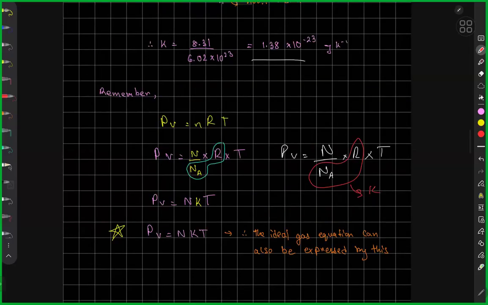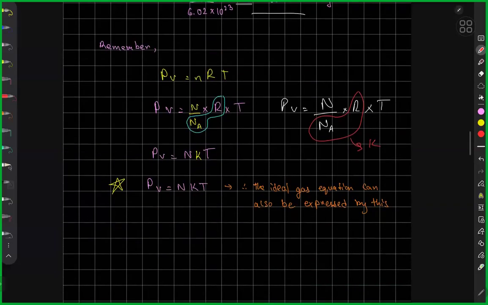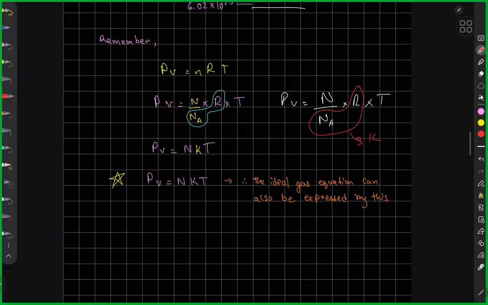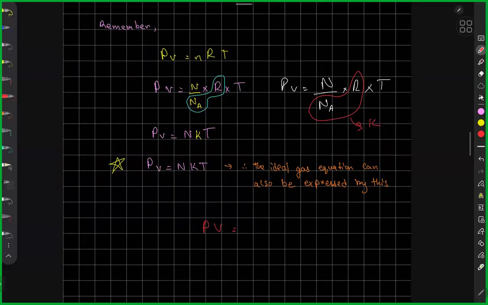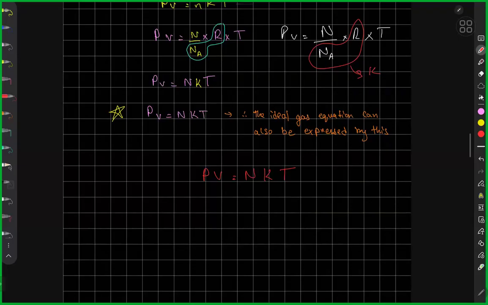Yes, I can. I have explained what K is. The Boltzmann constant is the gas constant R divided by Avogadro's constant. Hence, I can simply write the formula as PV is equal to the number of atoms N times K times thermodynamic temperature T. Is that clear?